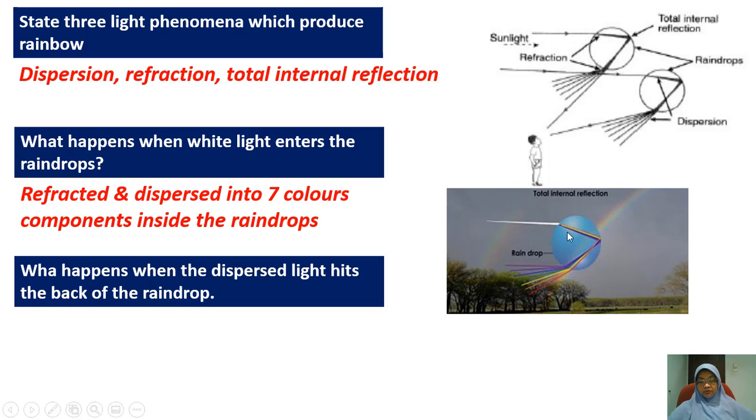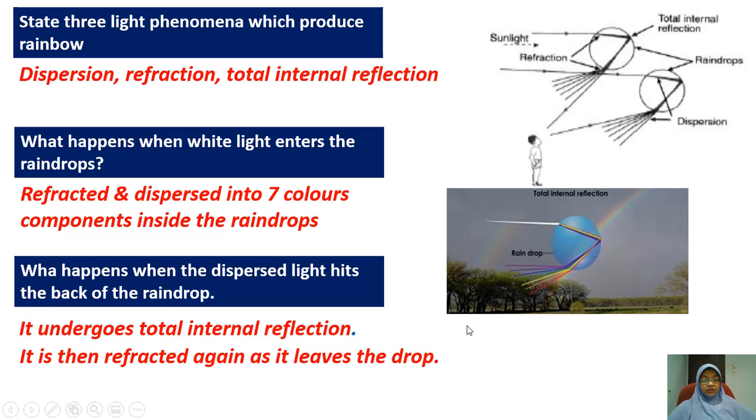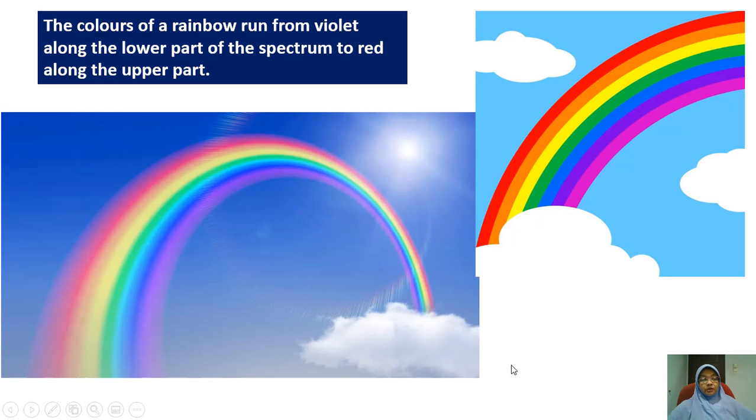It undergoes total internal reflection, and is refracted again, and it leaves the drop as 7 colors. The colors of the rainbow run from violet along the lower parts of the spectrum to red along the upper parts.